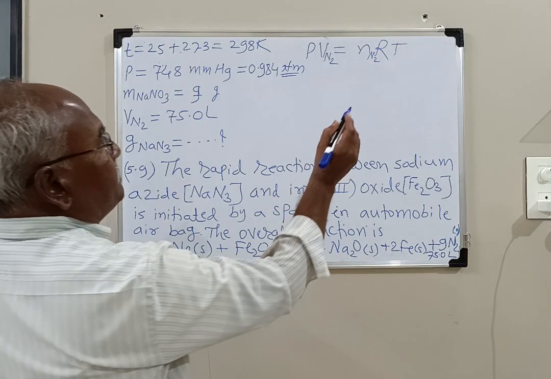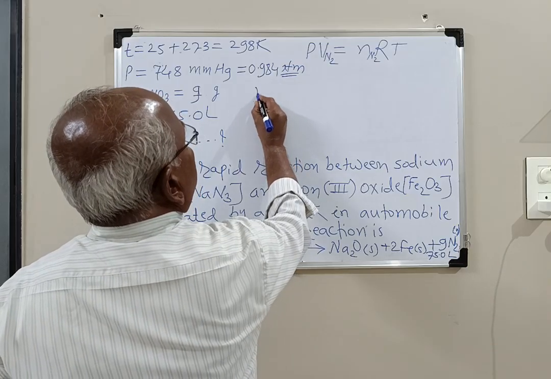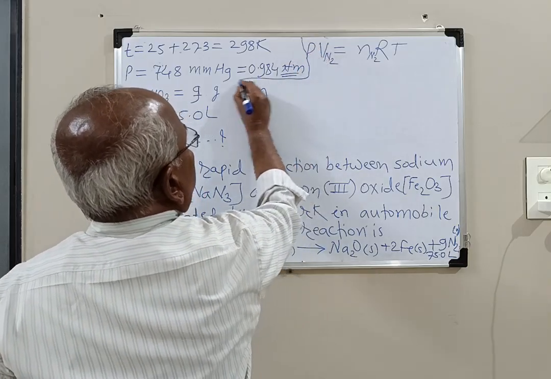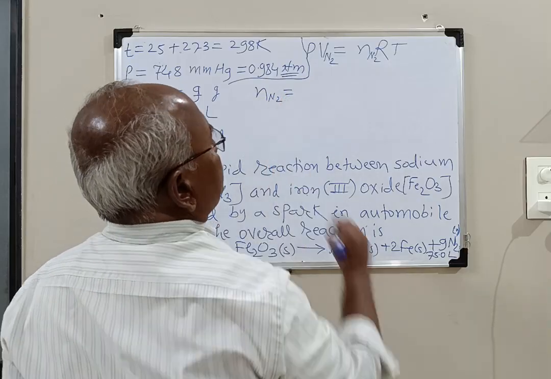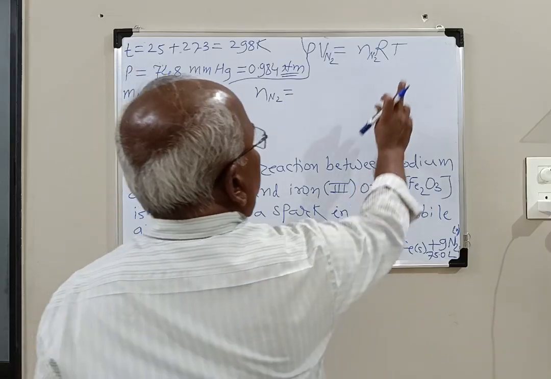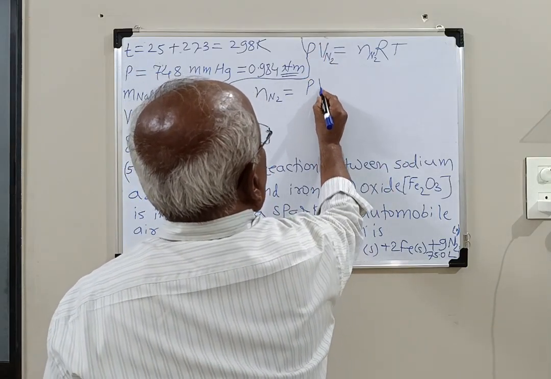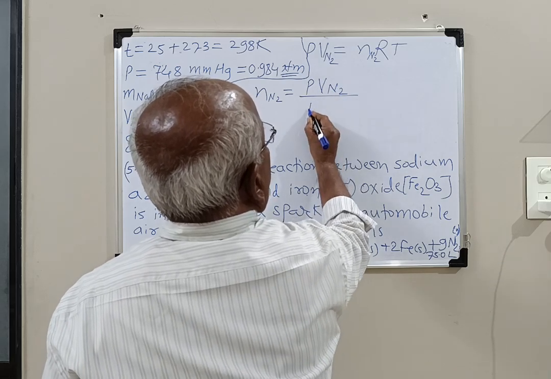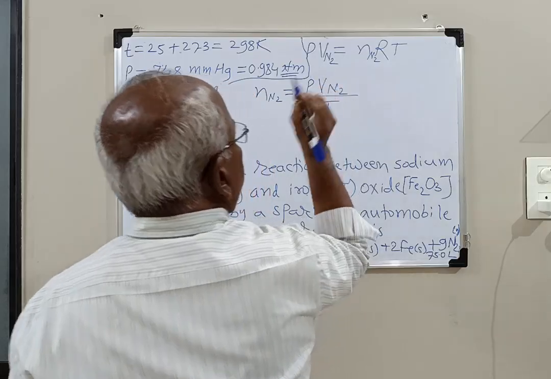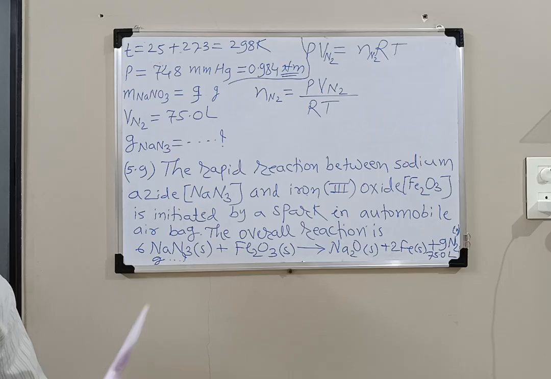So I want to calculate moles of nitrogen. Moles of nitrogen is equal to, I take this on left hand side, P into volume of nitrogen divided by R into T. Check whether it is correct or not.